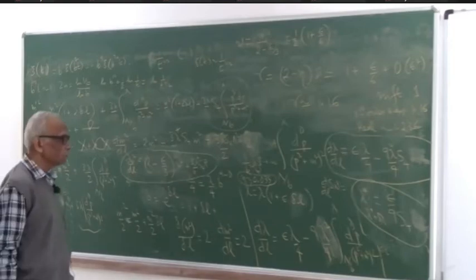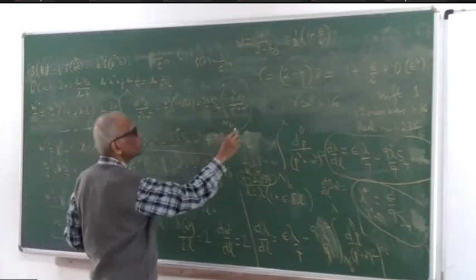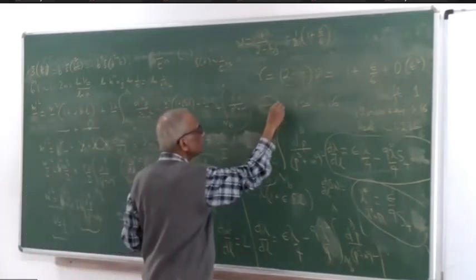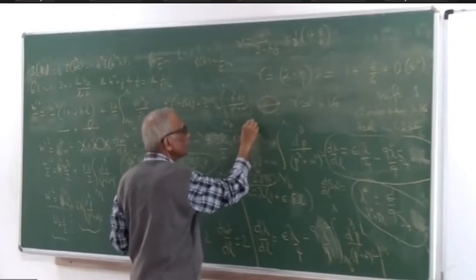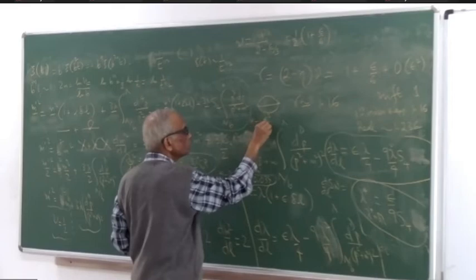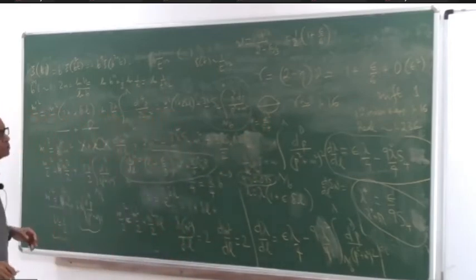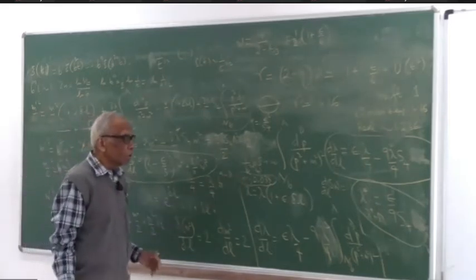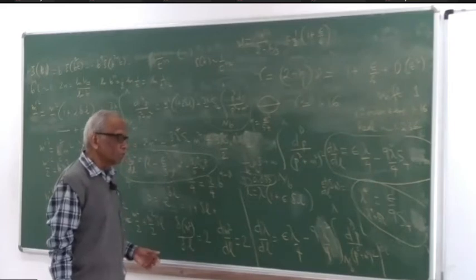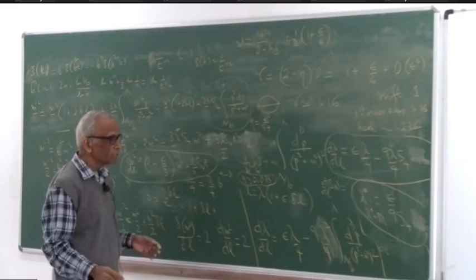If I go to the next order and consider this diagram over here, I'll pick up the first correction to eta, and the answer is epsilon squared over 54. So you pick up about 0.02. This 0.035 is what you get.